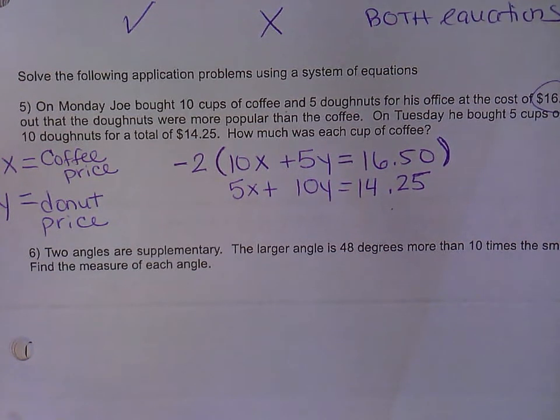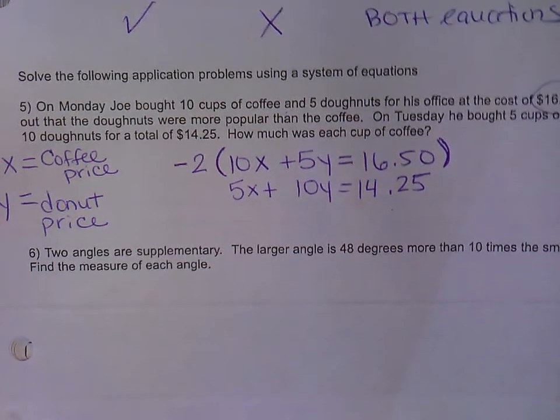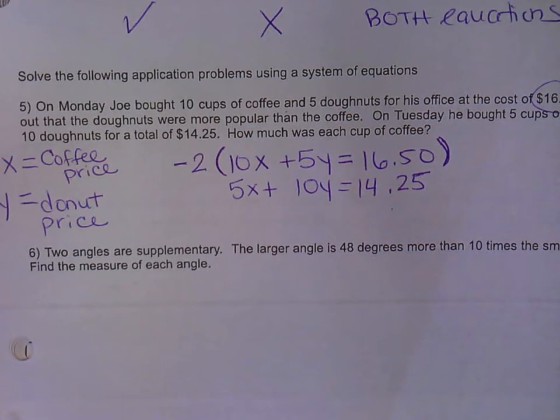Once you know x, the y would be hopefully easier to get because you'll just subtract from that total price. This is one of the hardest problems I could give you, where you have to set up the substitution or elimination problem yourself and get to the end.